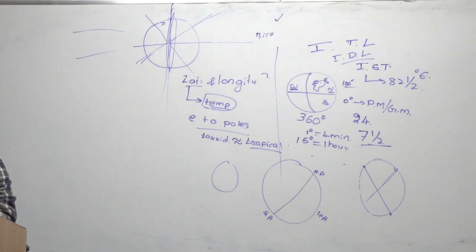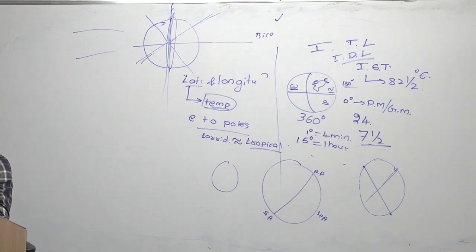Basically, the nearest position of the earth from the sun is called what?